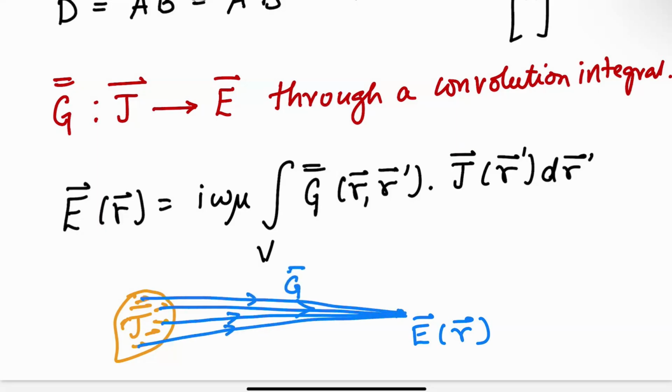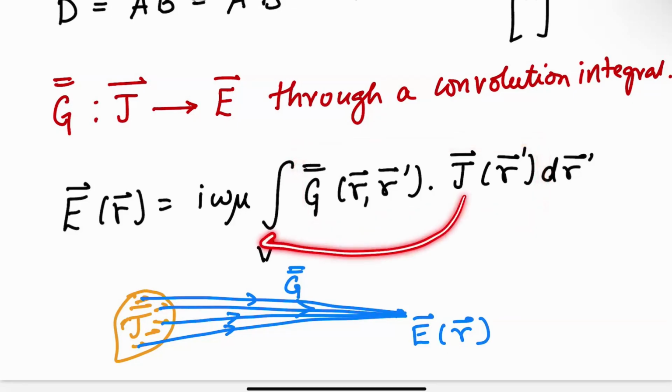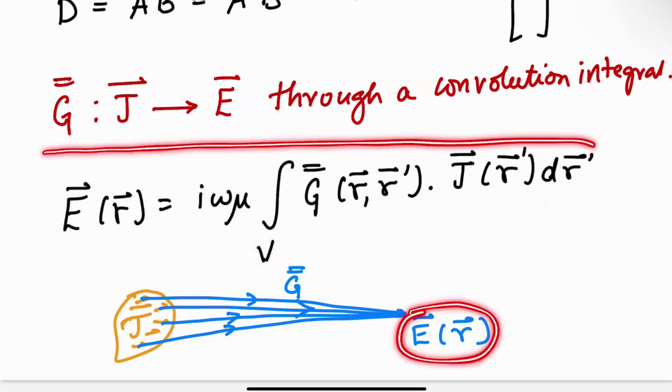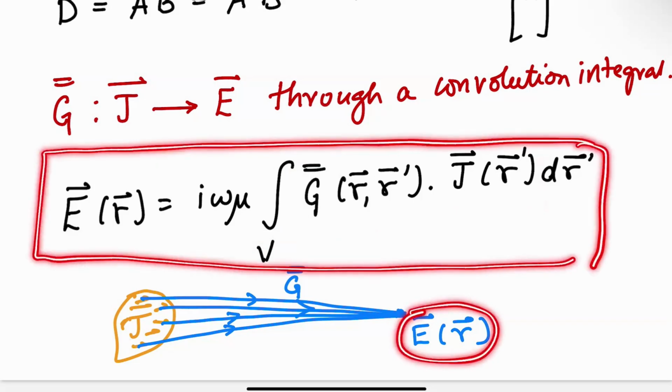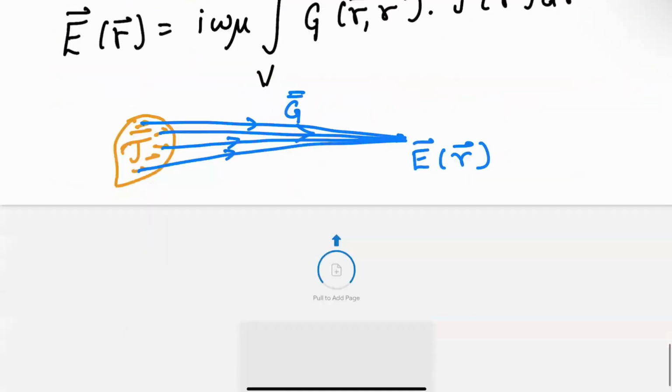Each of them is transformed by a Green's function, which is a matrix, which takes this vector to this vector. So every vector is transformed like that, and at this point they're all added up. That's what the integral corresponds to. So this transforms currents to fields locally, and then you sum up all those contributions, and that gives you the field at this location. That's what this integral means intuitively. So now we want to know what is this function that transforms currents to fields. And that's what we'll derive today.